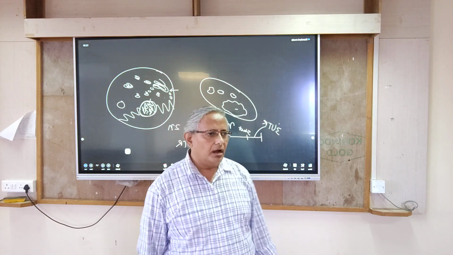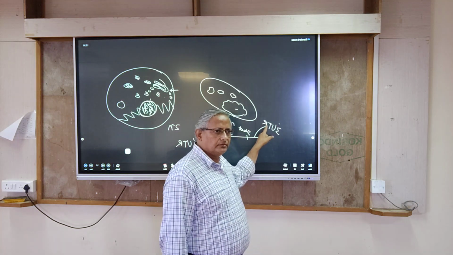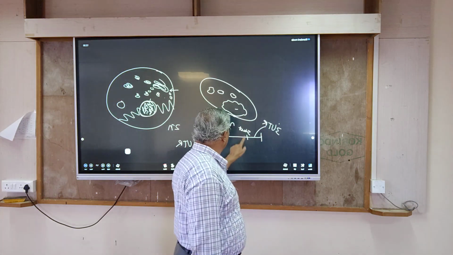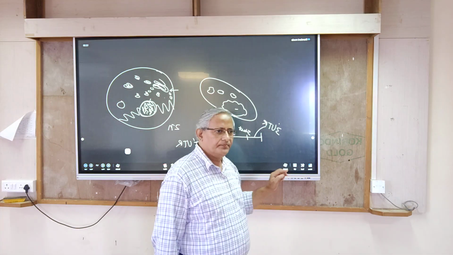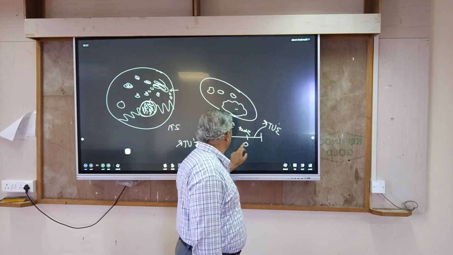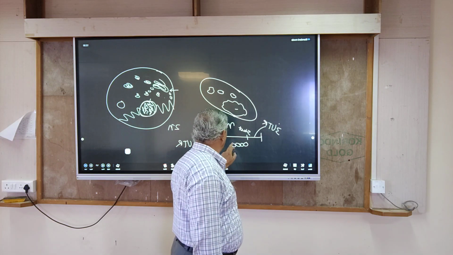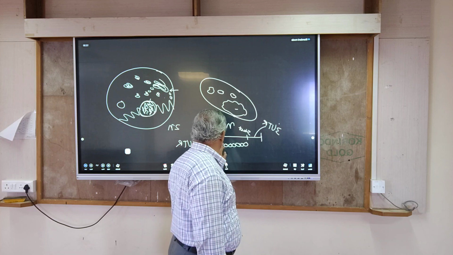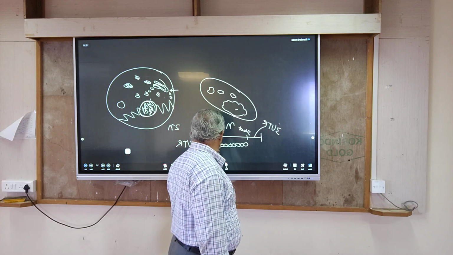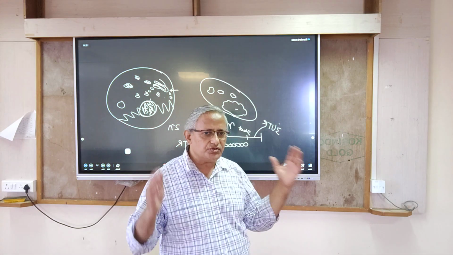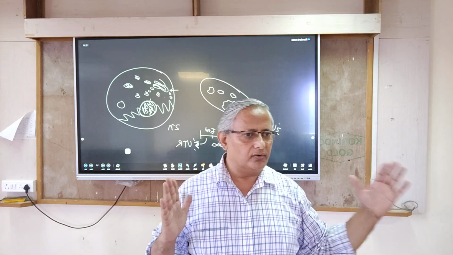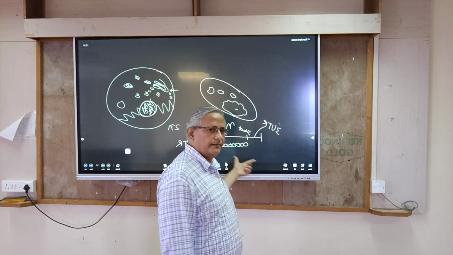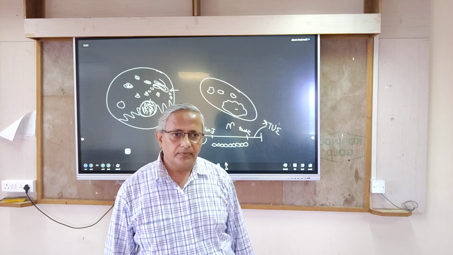UTR is what? Untranslated region. Okay. So this is what happens, and what happens from the start to the end codon? They will code for the amino acids, and they will make the polypeptide. This amino acid chain is actually a protein, which ranges from the start codon to the end codon. That is what a gene is in a prokaryote, right?